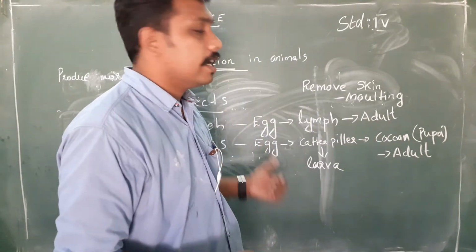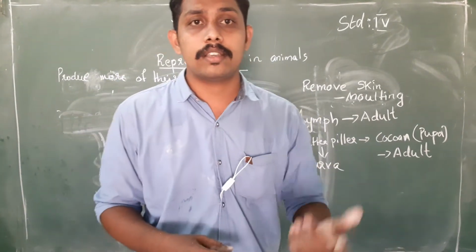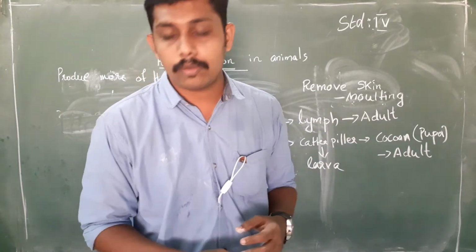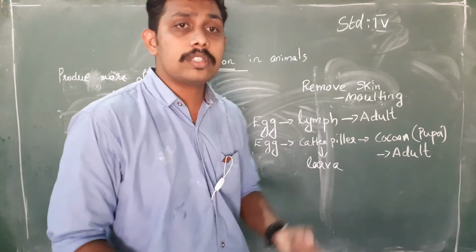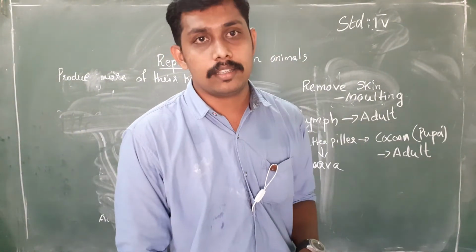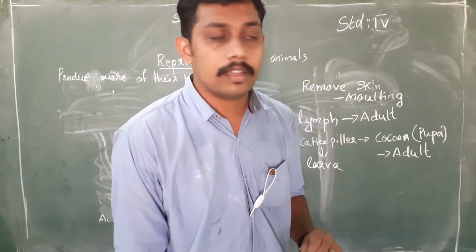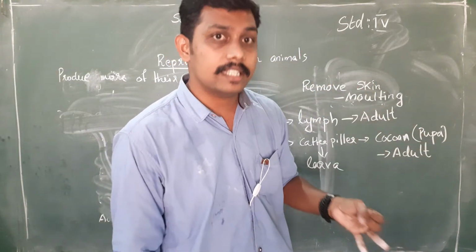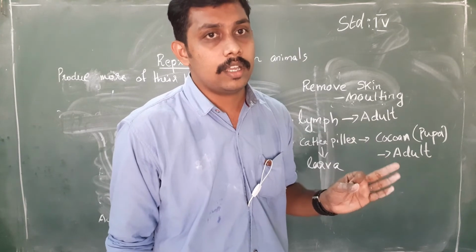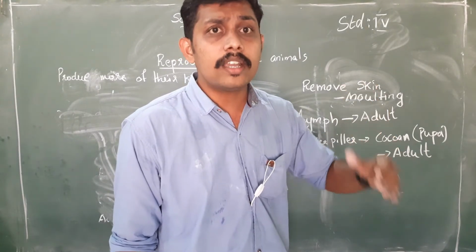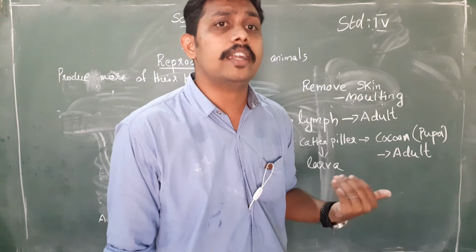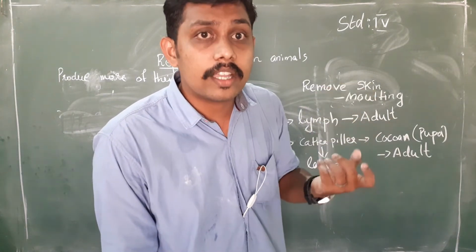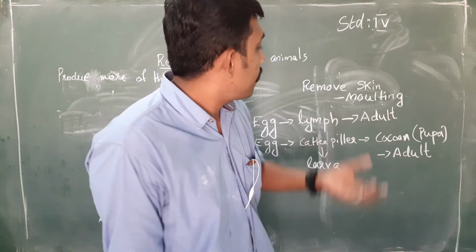And in the case of insects, we discussed cockroach and butterflies. What happens? In the case of cockroach, there are mainly 3 developmental stages. First one is egg, second one is nymph, and the third one is adult. Okay, the living thing which comes out from the egg is called nymph.